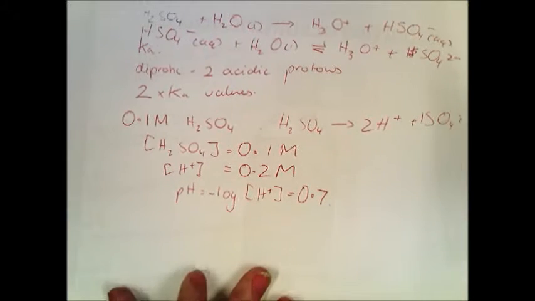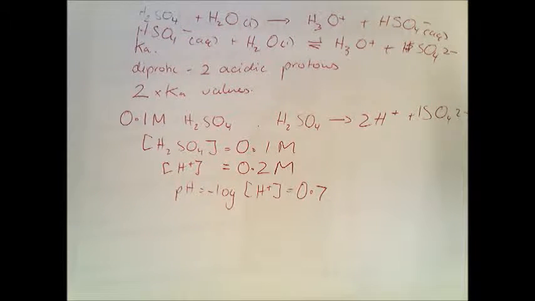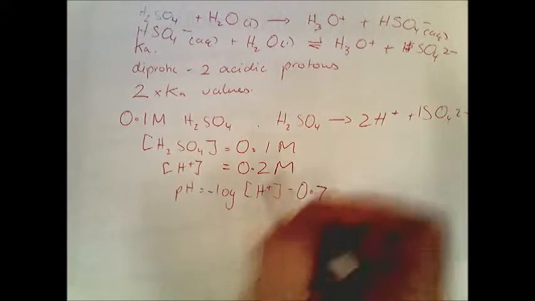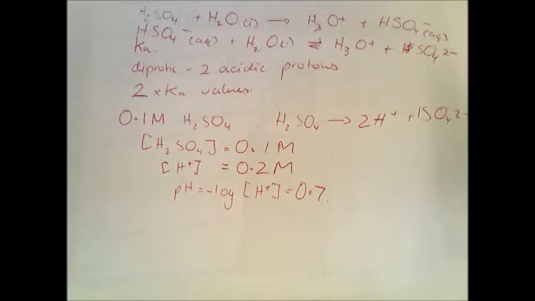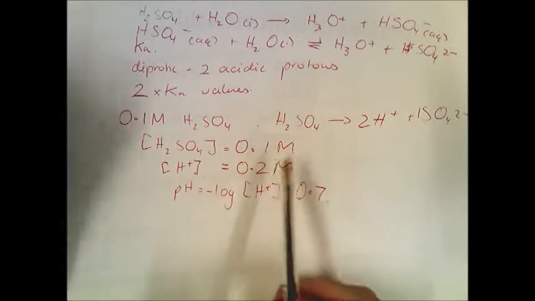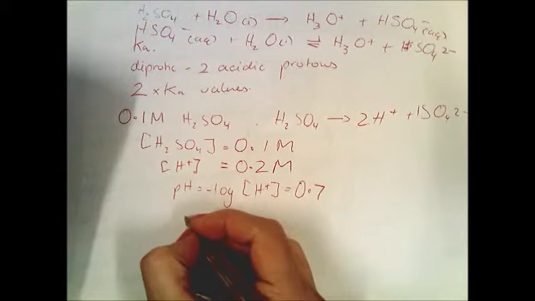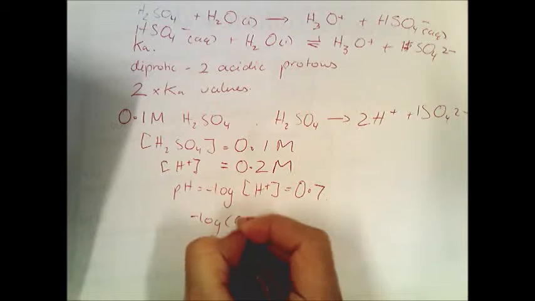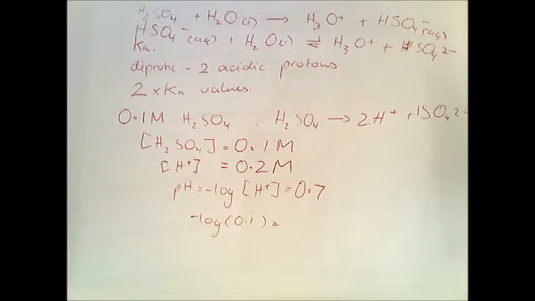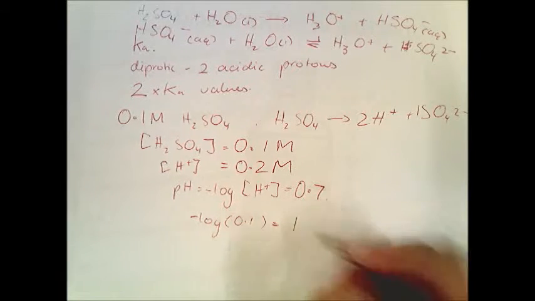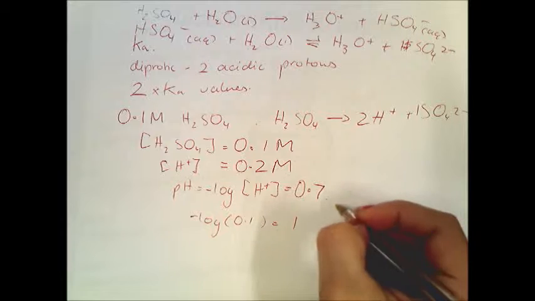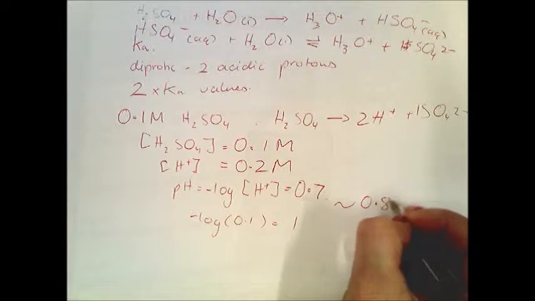But in actual fact, we get a higher pH than that. We don't get one that suggests that it's only giving 1 H+ away, because negative log 0.1 equals 1. We actually get something between there, something around 0.8.